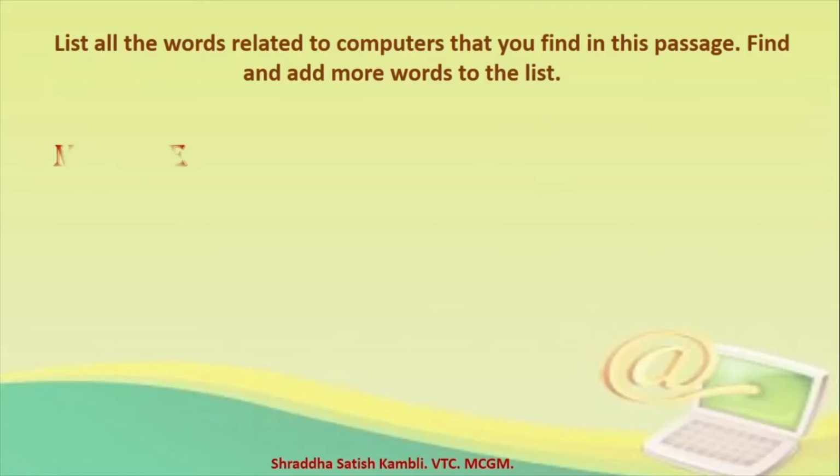That is, the word machine is related to computers. Yes, because computer is also a kind of machine. What are machines? Machines are anything which helps to make our work easy. So the computer is also a machine. Then you have speed. We just discussed that computers work very fast.